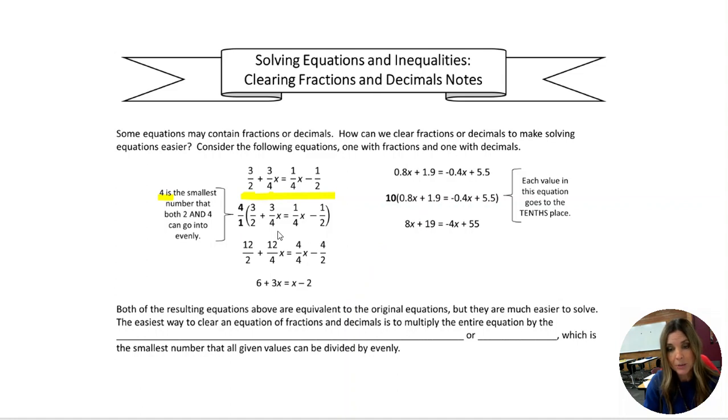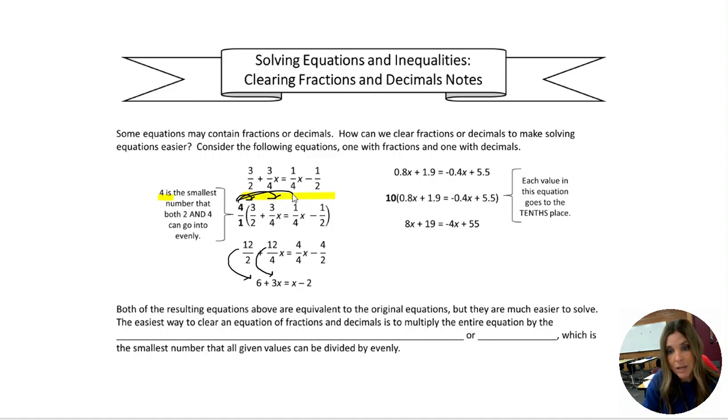And so what we do is we go ahead and multiply every term in the equation by 4. When we multiply 4 over 1 by 3 over 2, that gives us 12 over 2, which simplifies to 6. When you multiply 4 over 1 by 3 over 4, that gives you 12 over 4, which is really just 3, so you end up with 3x.